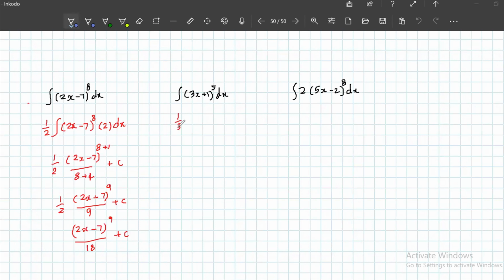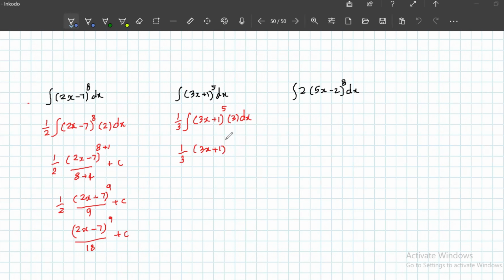So I'm going to multiply and divide by 3, as well as multiply by 3. So (3x plus 1) whole power 5 and multiply 3 dx. So now we can apply integration on the following function.